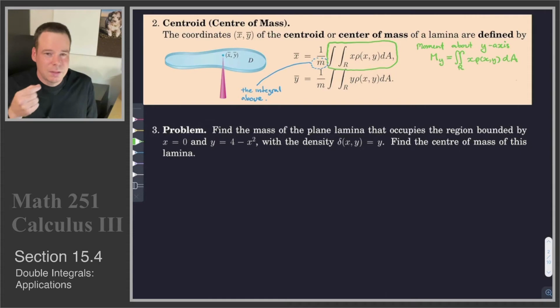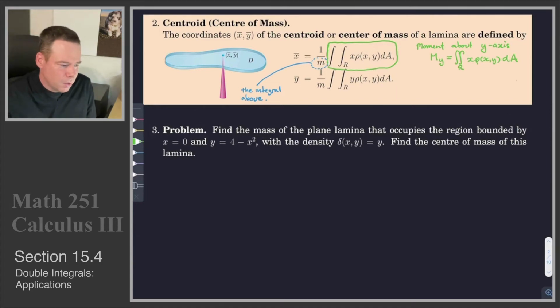It's its mass times the distance from the y-axis. And we integrate over all of the plate, all of those little mass elements and their distances from the y-axis, and that's the tendency the whole object has to rotate about the y-axis. That's what we call the moment about the y-axis, M sub y. We multiply the density function by x because x is the distance of the point whose mass element we're looking at from the y-axis.